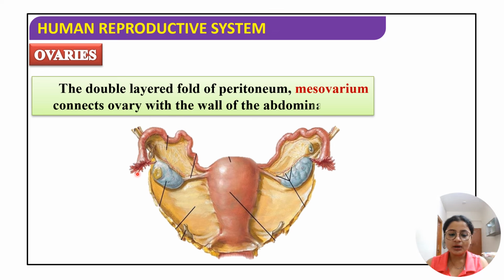So in the ovary, how will the ovary be connected with the wall of the abdominal cavity? By the double layered fold of peritoneum. We saw the peritoneal layer in the male reproductive system also. So here also there is peritoneum, whose name will be mesovarium, which will connect the ovary with the wall of the abdominal cavity. So this yellow structure that is visible is the wall of the abdominal cavity, and what will connect the ovary with it? The mesovarium. So basically this is the mesovarium that we have.